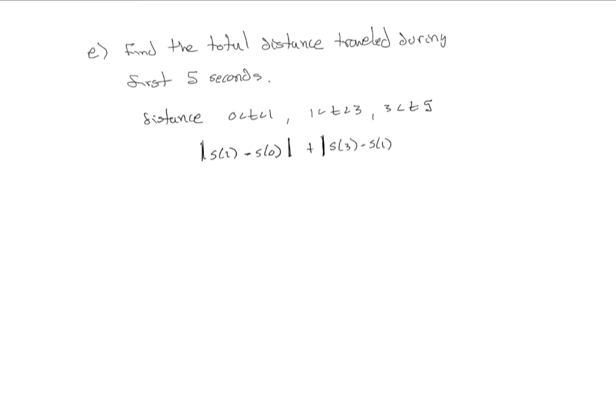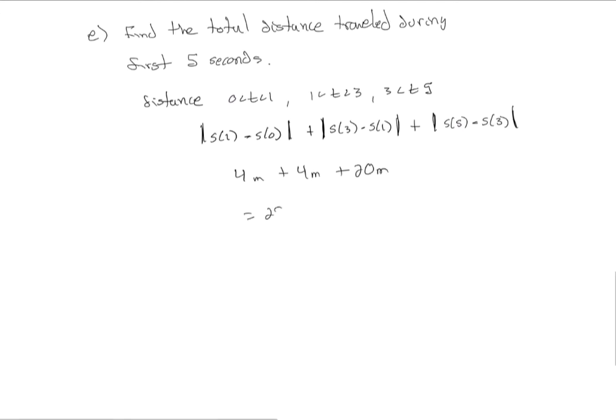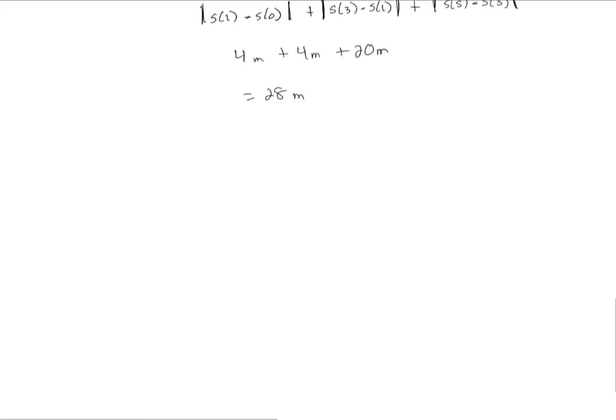And then s at 5 minus s at 3. If I plug all of that into my calculator, I'm going to get 4 meters plus 4 meters plus 20 meters for each of those intervals, and that's going to be 28 meters total that we travel over the first 5 seconds.